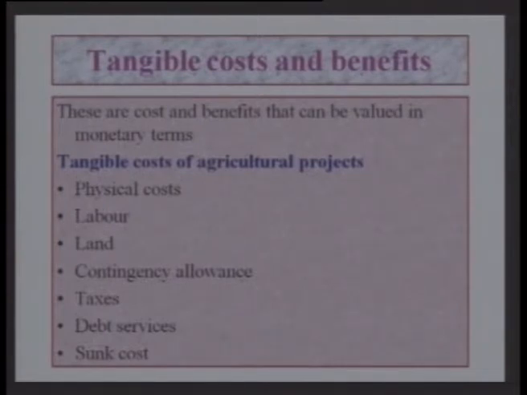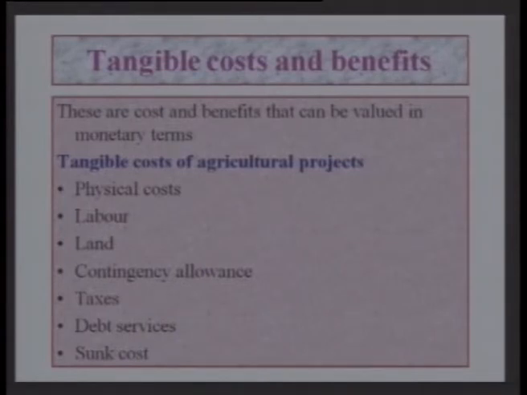So here we are looking at the tangible cost and benefits. These are the cost and benefits that can be valued in monetary terms. Any cost and benefit which can be valued in monetary term is called the tangible cost and benefit. The various types of tangible cost and benefits are the labor costs: in any particular project, what would be the manpower needed and what would be the wages for those manpower.